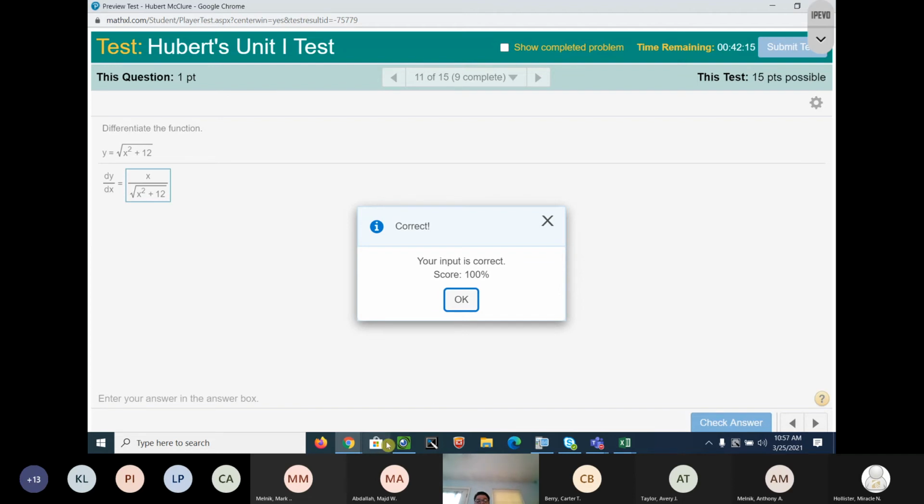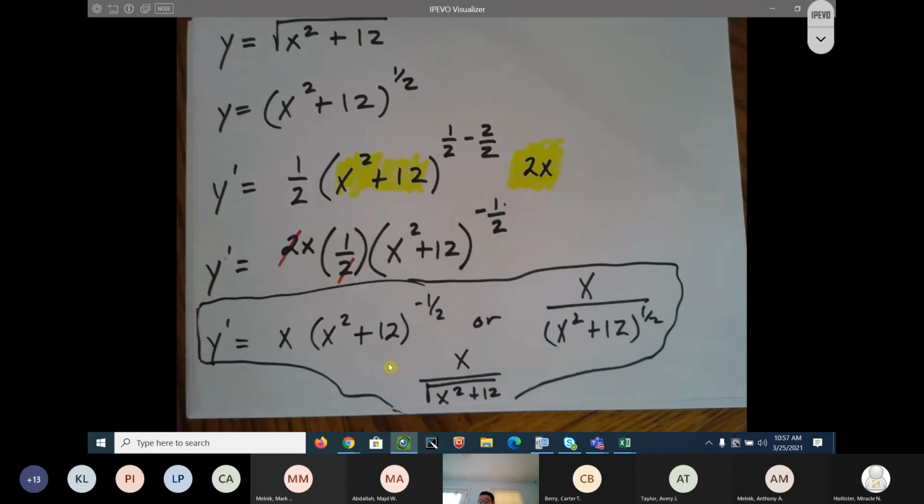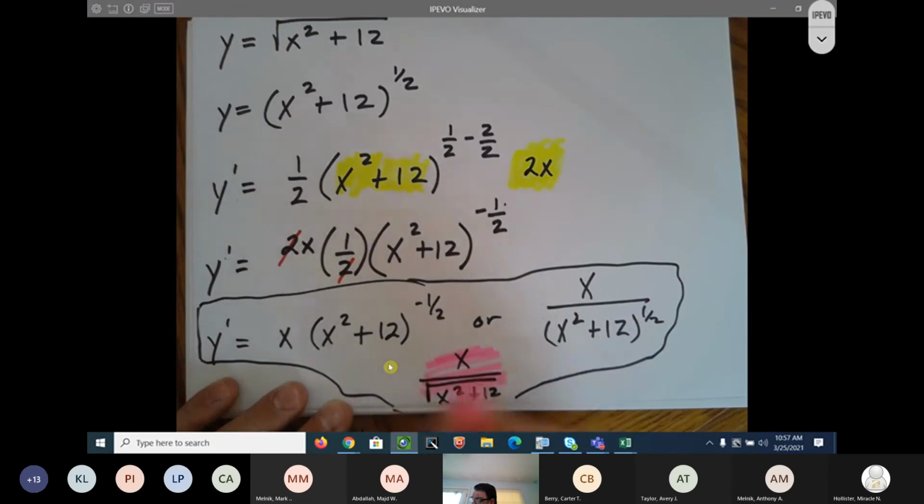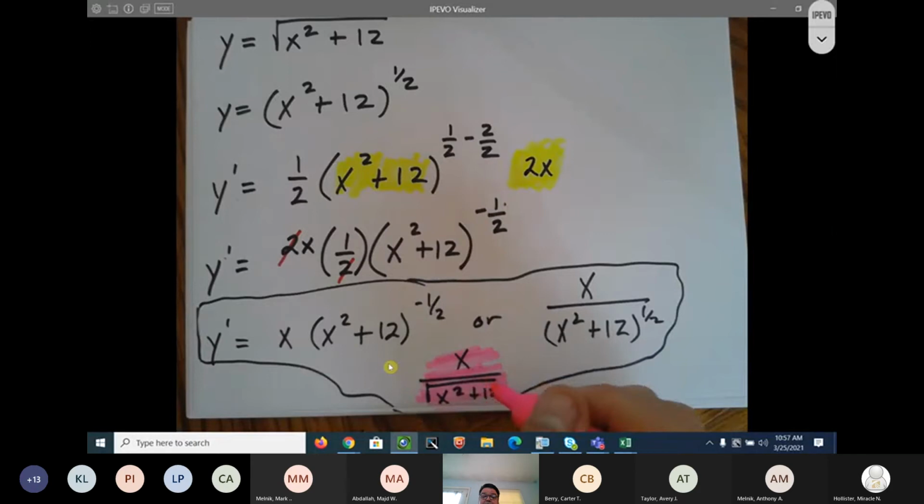I'd go back in my notes, take my handy dandy red marker and highlight this one. Remember that at least you know the radical works in the answer, so you're more inclined to type it in like this versus these, but it probably will take those three. If you know this one works, then type that one in.